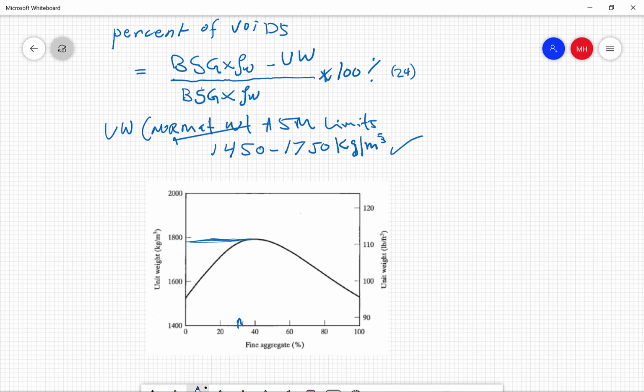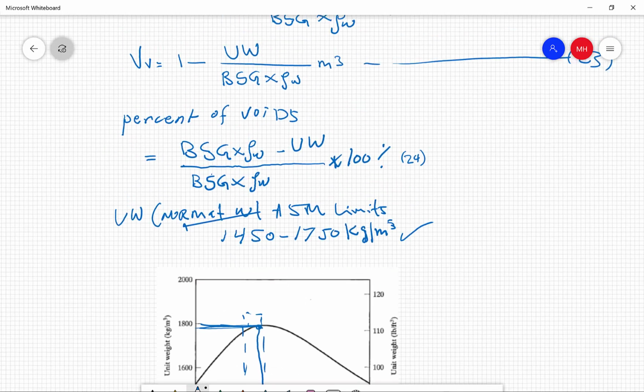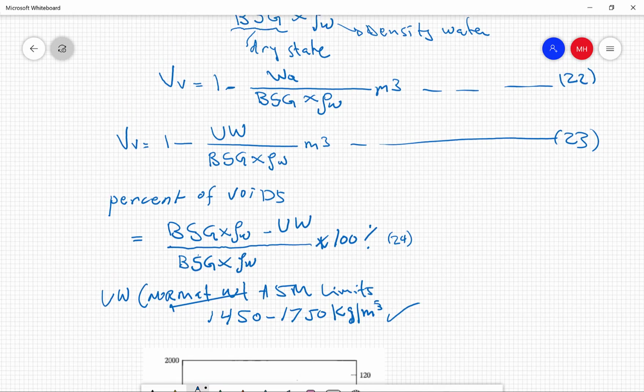But it seems like it's a range about 35 to 40, but let's say it's about 40% of the mix is fine aggregate. It gives us the maximum unit weight. So if we go back to equation 22, where did it go? Equation 22 right here.